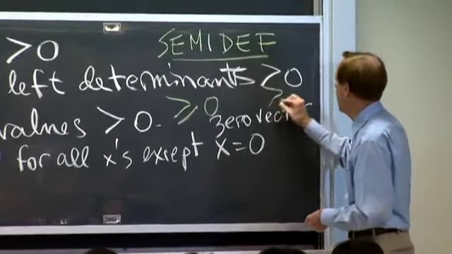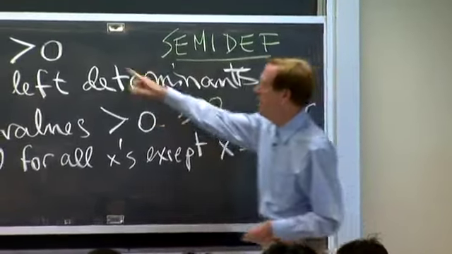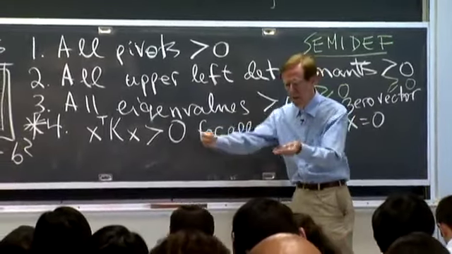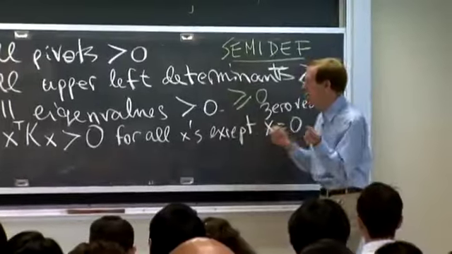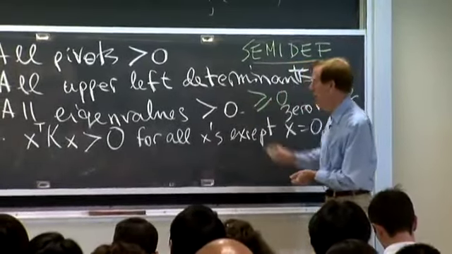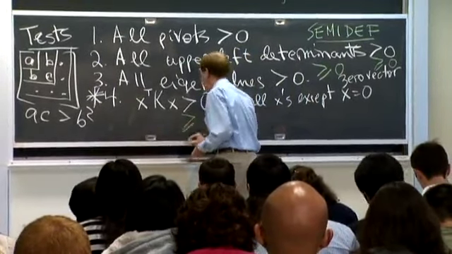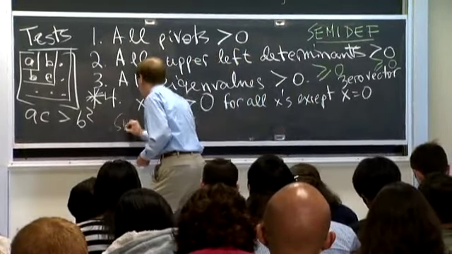Determinants greater than or equal to 0. Pivots greater than 0 if they're there, or then we run out of pivots. You could say greater than or equal to 0 then. And energy greater than or equal to 0 for semi-definite.